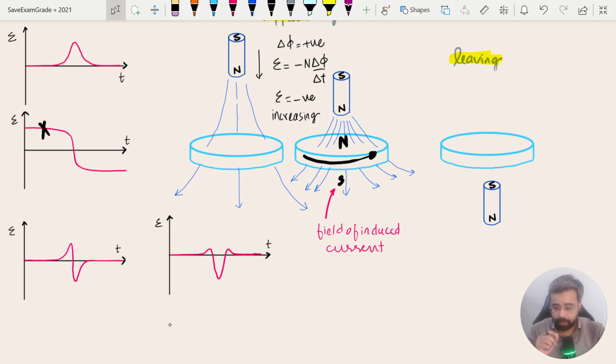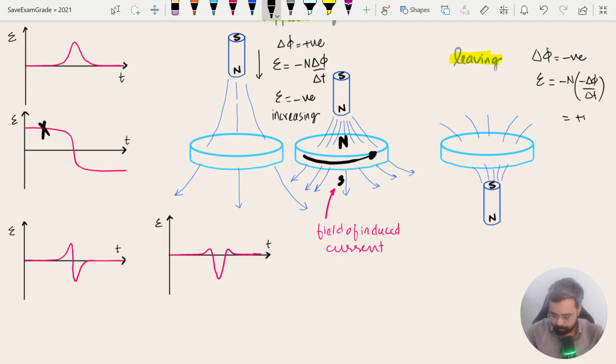So now imagine this magnet is leaving the conductor, which means that now the number of lines which were crossing the conducting loop will start decreasing, and we can say that the change of flux will be negative. So EMF should be -N into negative Δφ/Δt.